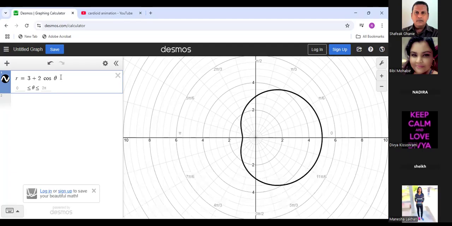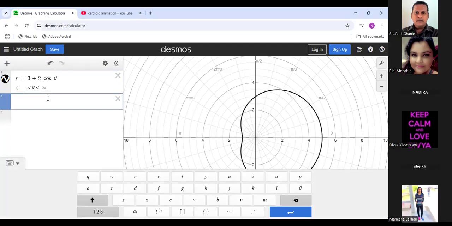And it's the same thing as the cardioid in terms of the orientation. We have r equals 4 plus sin theta.